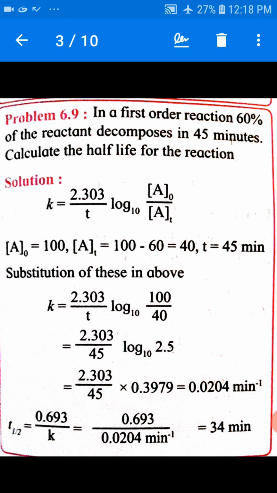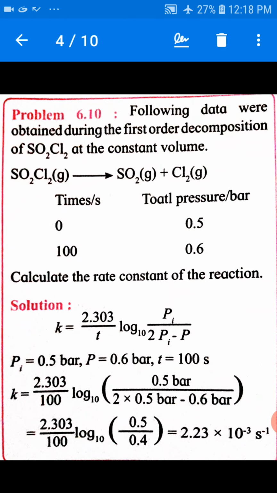Therefore, it is 0.3979, which is equal to 0.0204 per minute. Therefore, half life, that is t half, equal to 0.693 upon K, which is equal to 0.693 upon 0.0204 per minute, which is equal to 34 minutes.